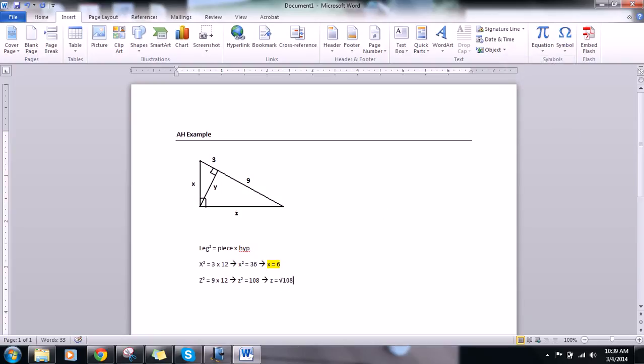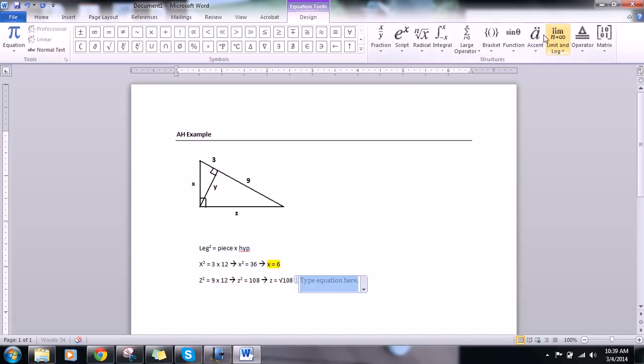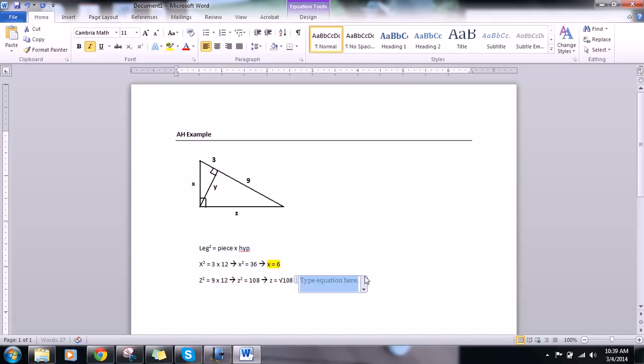Now, 108, I need to find some square factors. I'm pretty sure that 36 goes into 108. In fact, it does. So z is equal to the square root of, I'm just going to clean it up now, I don't like leaving any square factors in there.